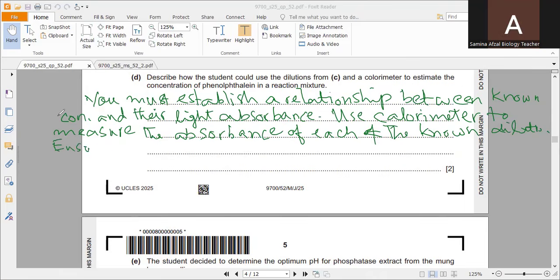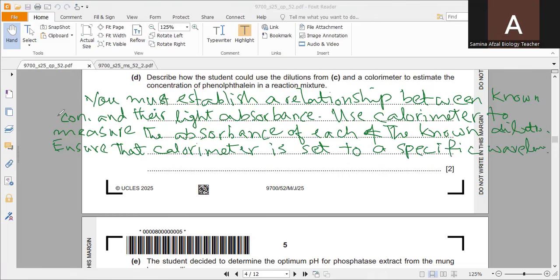Then we have to ensure that the colorimeter is set to a specific wavelength, to get the most accurate readings.